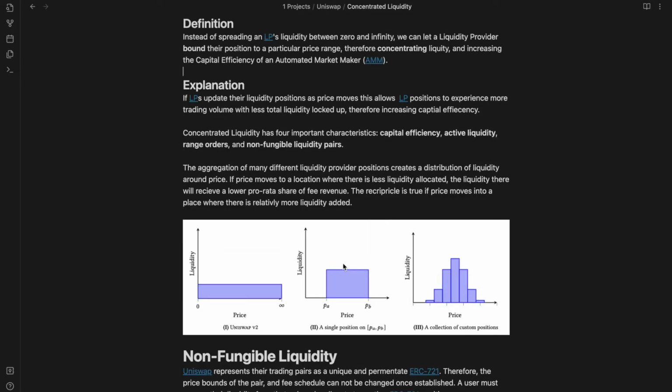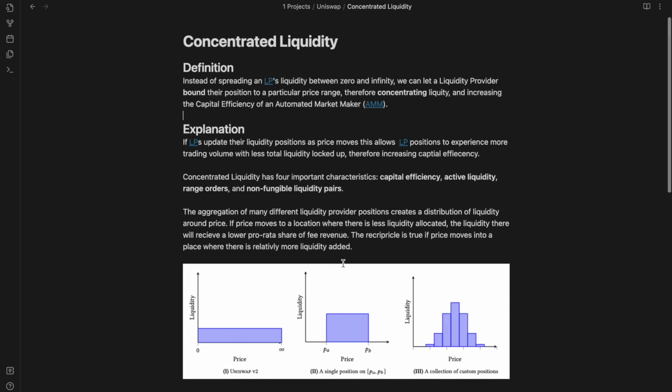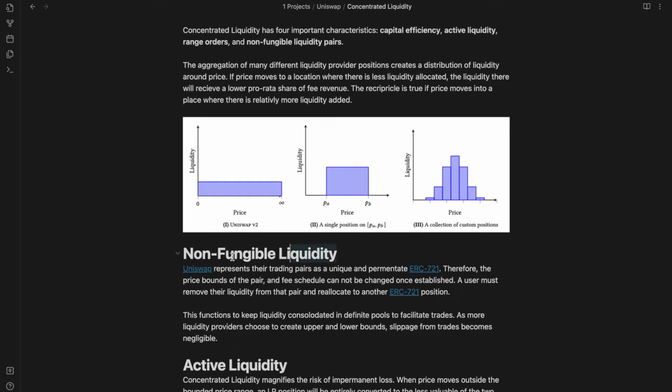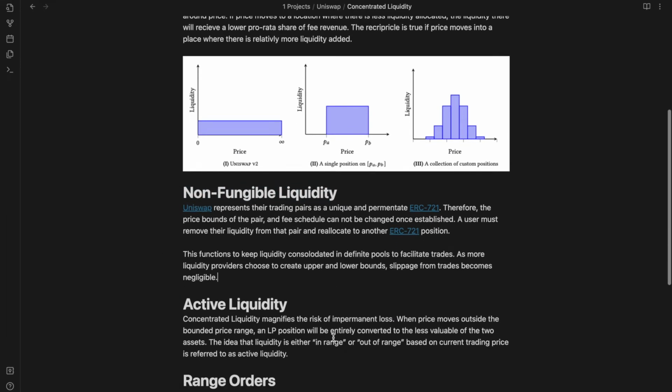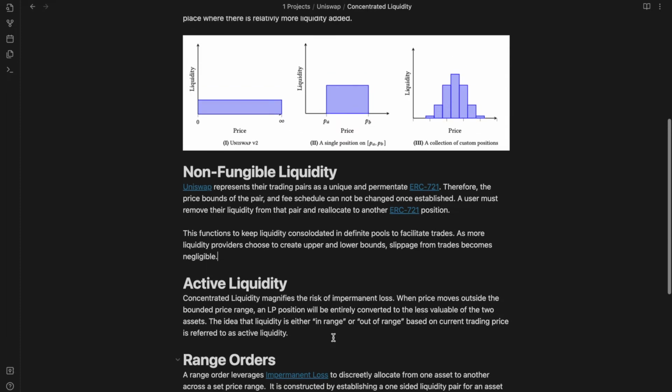So that's concentrated liquidity in a nutshell, but there are a few properties that are important to understand. Firstly, we have this property of non-fungible liquidity. When we make these pairs on the blockchain, they're actually represented as an NFT.